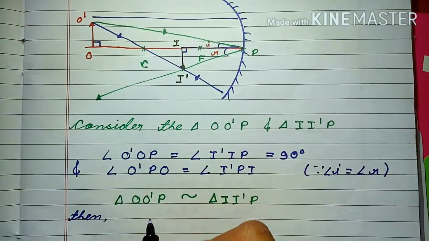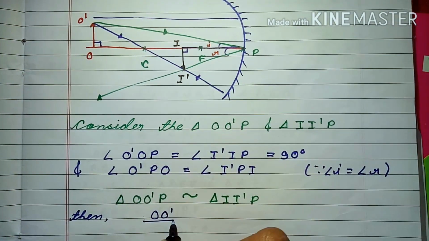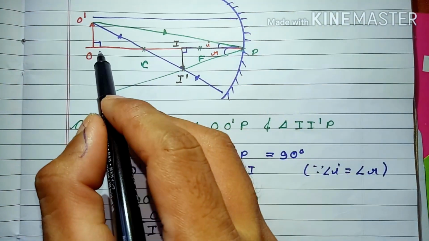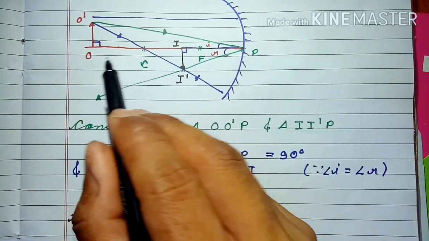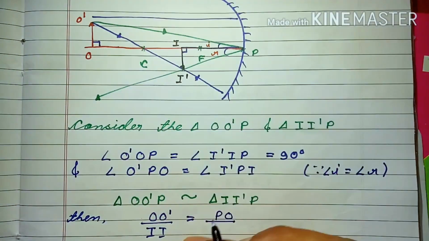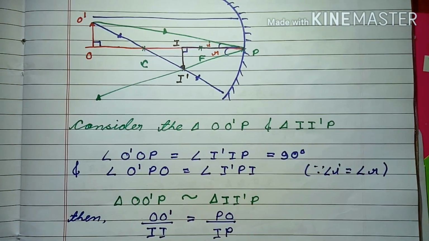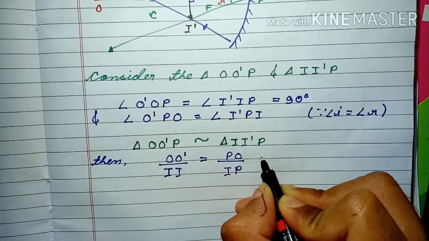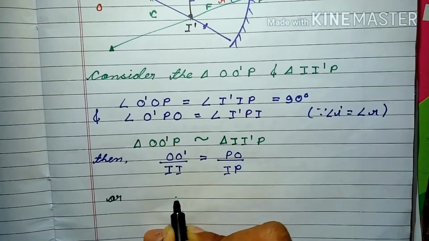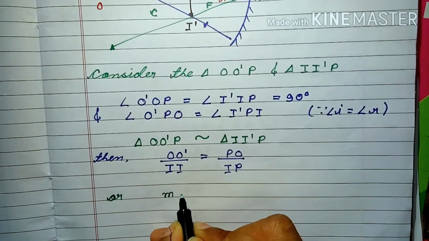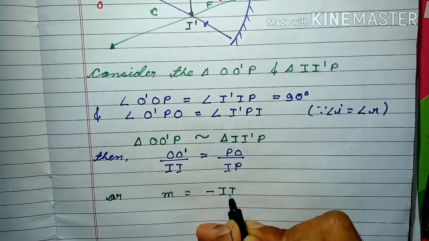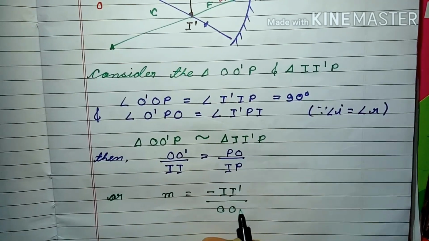Then O dash upon I dash is equal to PO upon IP. Or we can say that M equal to minus I dash upon O dash.